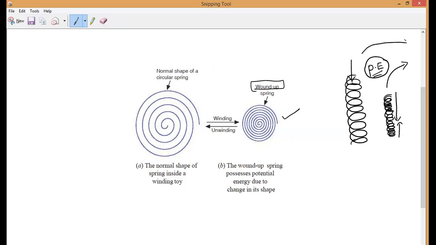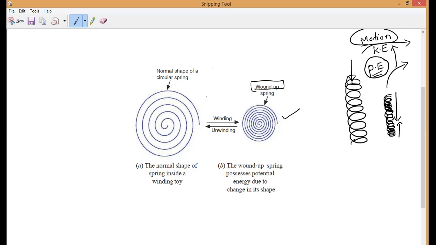It will turn into motion. Due to the motion, what is the energy possessed by it? Kinetic energy. This potential energy during compression is converting into kinetic energy during the motion. So this is what we call potential energy.